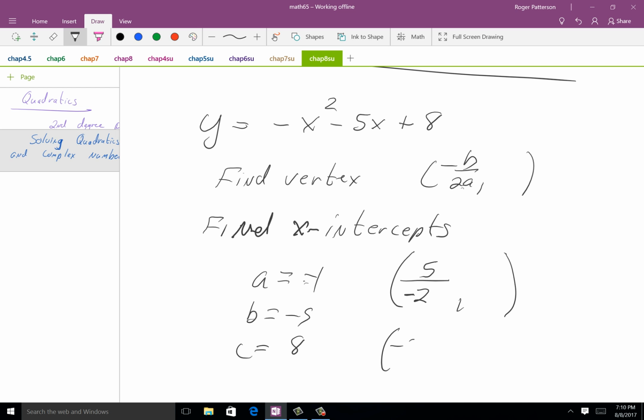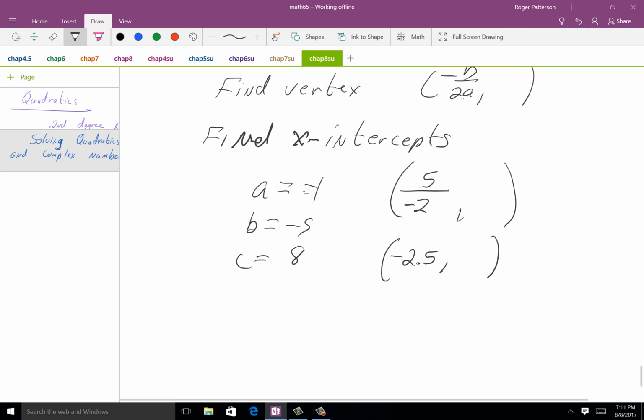Alright, I think I'll change this to a decimal so I can deal with it a little bit easier. Now I'm going to substitute that in and work it out. Okay.